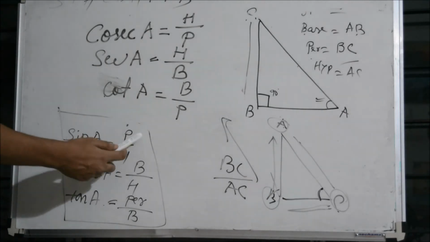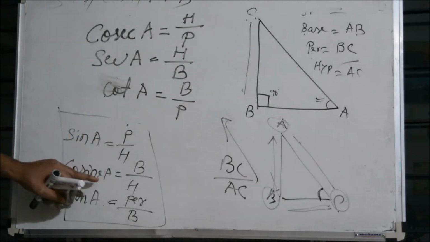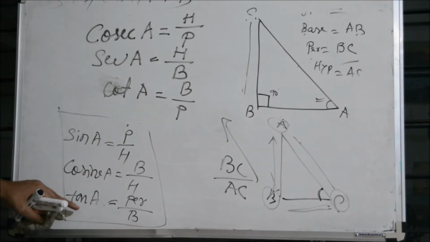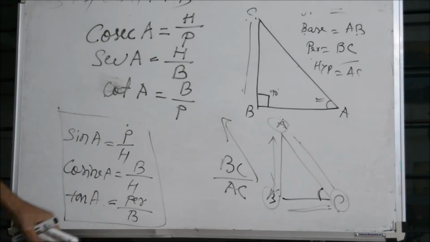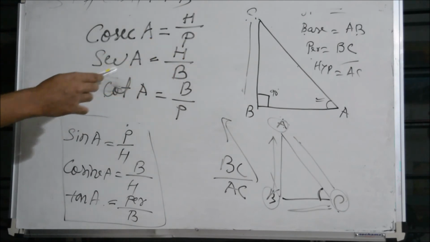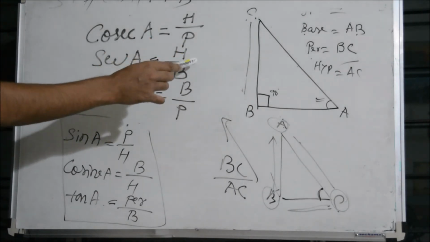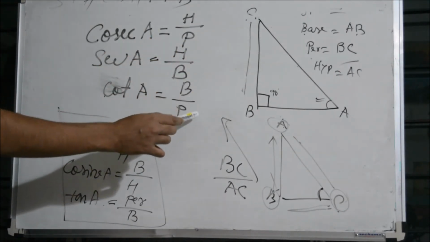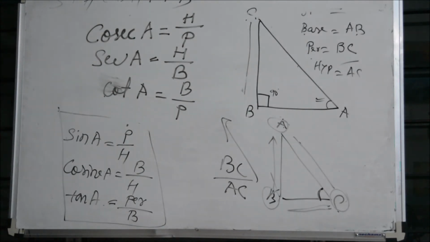Sine of angle A is perpendicular by hypotenuse, cosine of angle A is base by hypotenuse, tan of angle A is perpendicular by base. Here again, cosec of angle A is hypotenuse by perpendicular, sec of angle A is hypotenuse by base, and cot of angle A is base by perpendicular. We get one specific result here.